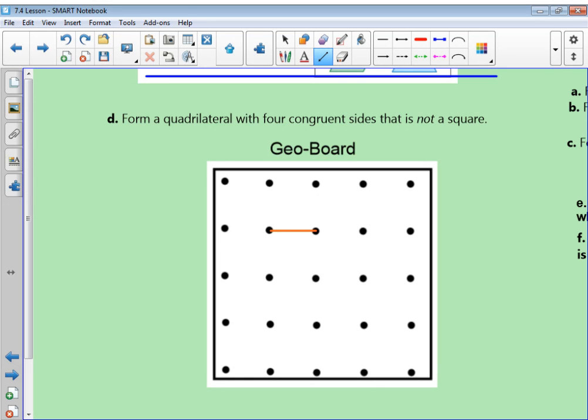Okay, so I'm going to make a copy of this and move it down. Only I'm going to offset it. And then I'm going to take and turn these.